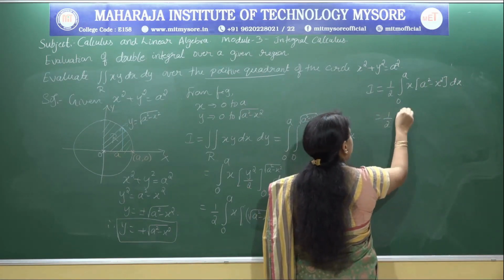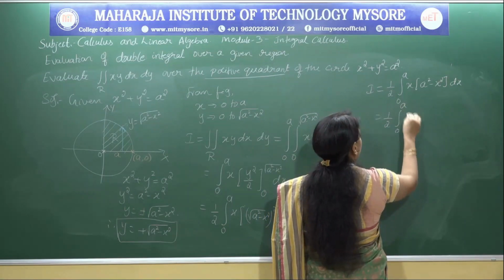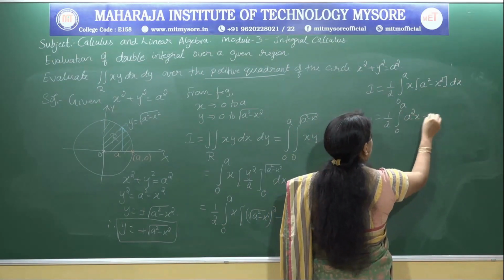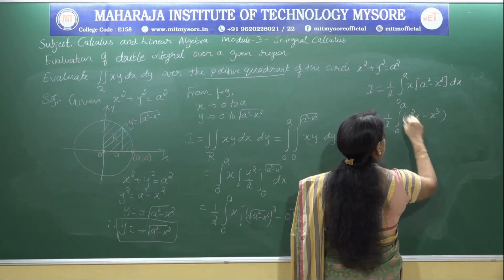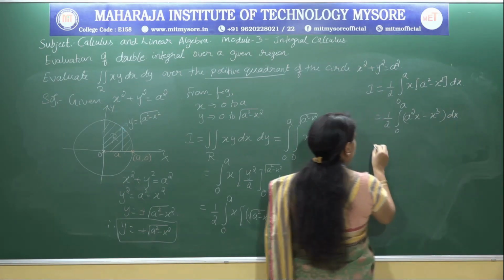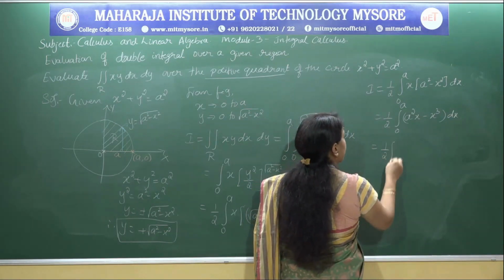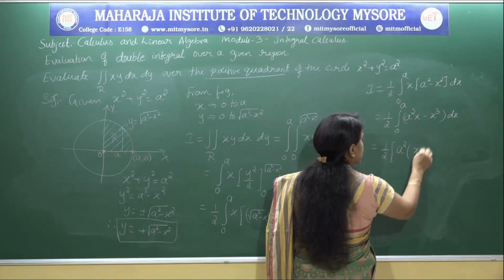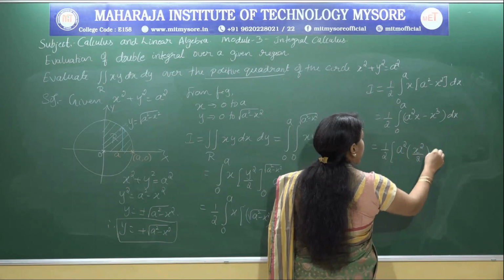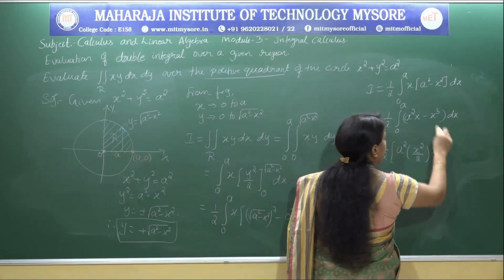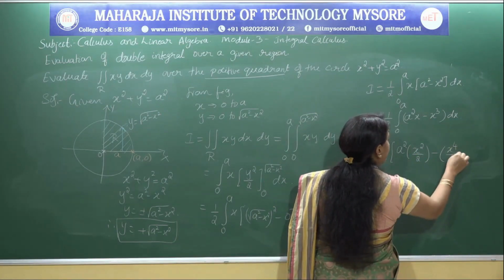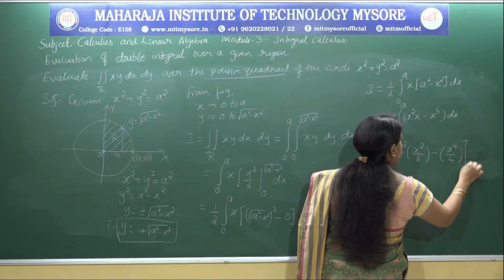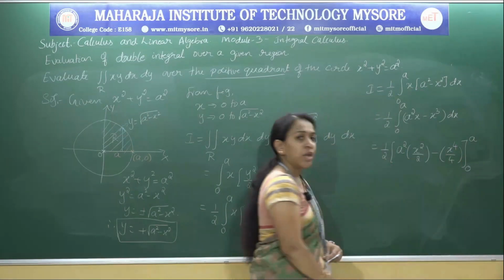Multiply by x and then integrate from 0 to a: a square x minus x cube, since x square into x is x cube, dx. Now integrating with respect to x, 1 by 2 common, a square is constant, integral of x is x square by 2 minus integral of x cube, which is x power 4 by 4, between the limits 0 to a.